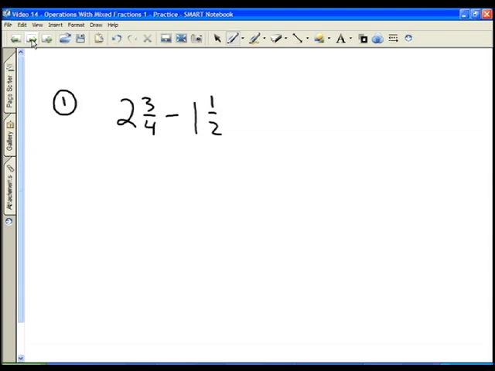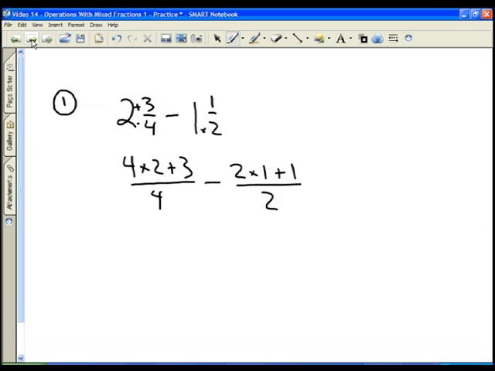So 2 3/4 is 4 times 2 plus 3, all over 4, minus, and 1 1/2 is going to be 2 times 1 plus 1, all over 2.